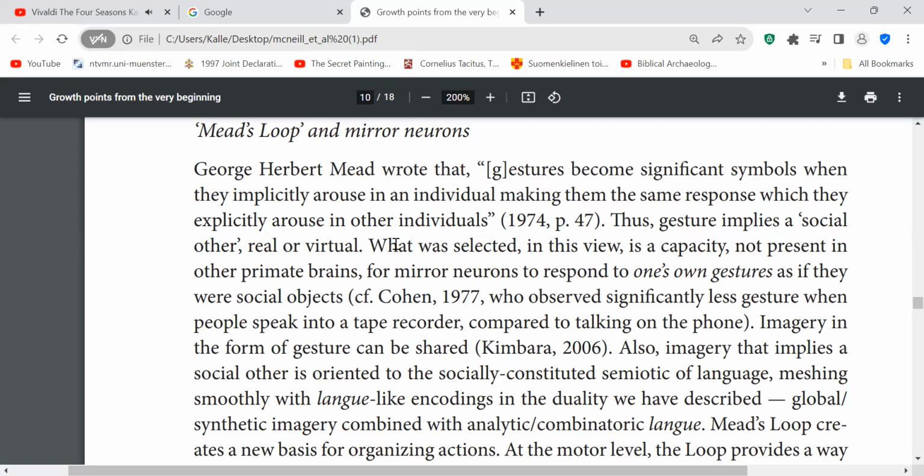What was selected in this view is a capacity not present in other primate brains for mirror neurons to respond to one's own gestures as if they were social objects.